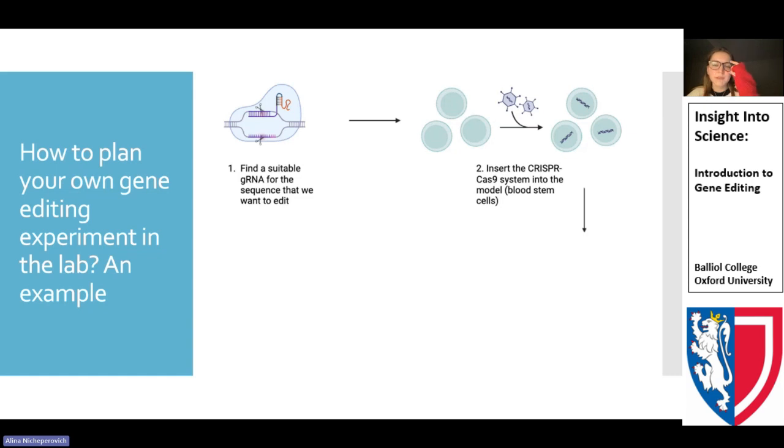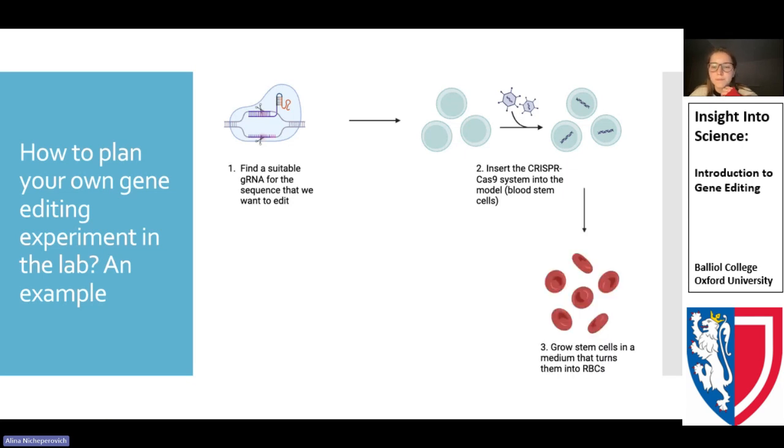There are many ways to insert this system into the cells, but one of the popular ways is, for example, viral transduction, where you have a loop of DNA encoding Cas9 nuclease and the guide RNA sequence, which are then inserted into the cells, which then translate our Cas9 into a protein and make our guide RNA for us, so that everything is now in the cell.